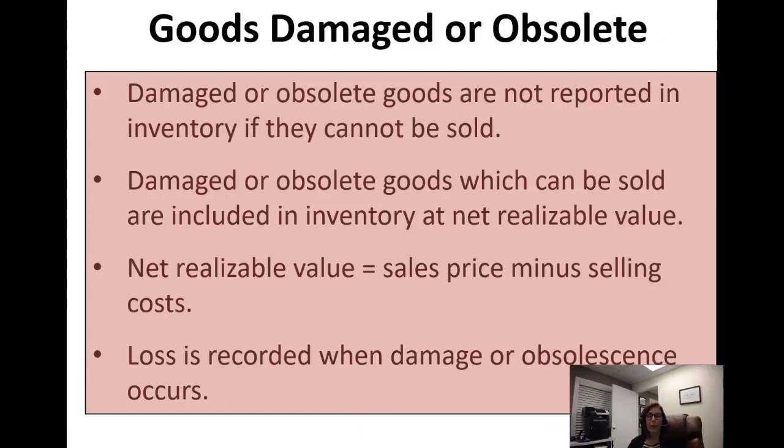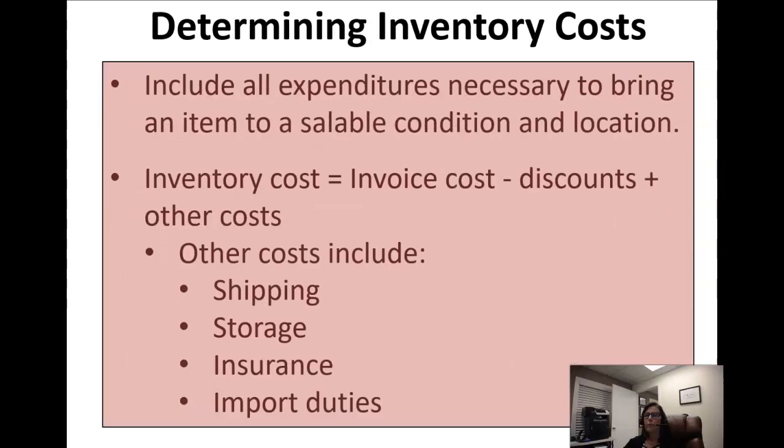So you may have to adjust inventory to account for damaged goods, obsolete goods, and things of that nature. And so we will record our inventory at what's called net realizable value.